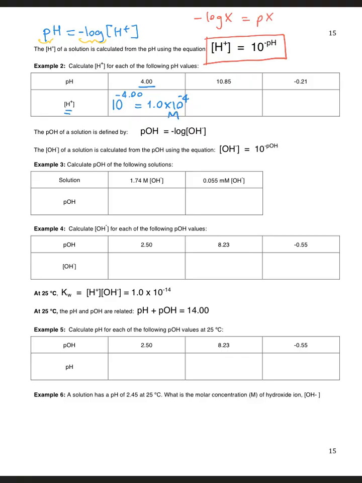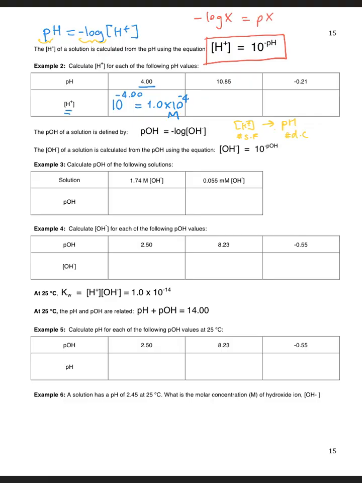Now let's take a look at the significant figures. Before, we learned that going from the concentration of proton to the pH, the number of significant figures in the concentration will become the number of decimal places in the pH value.